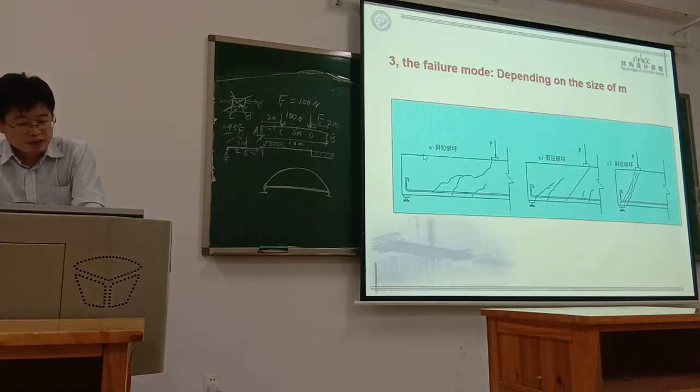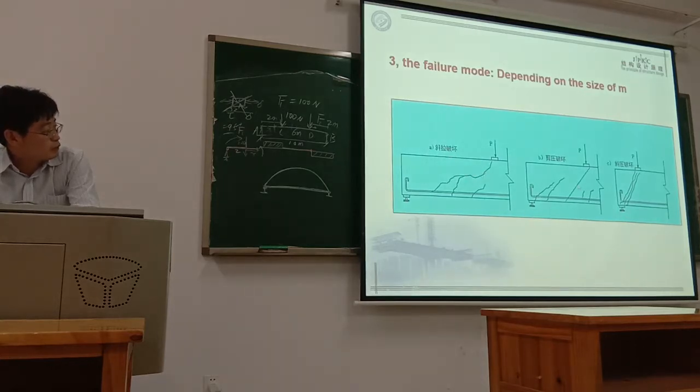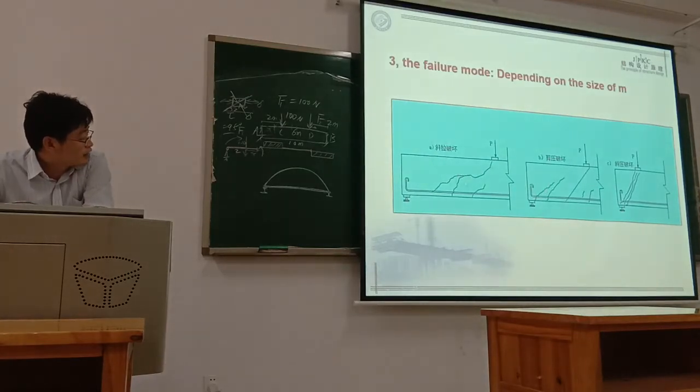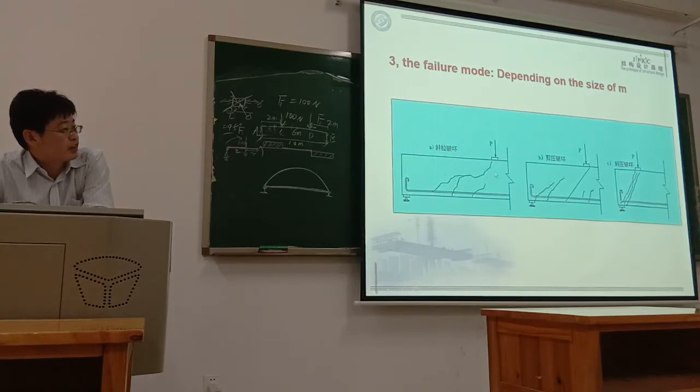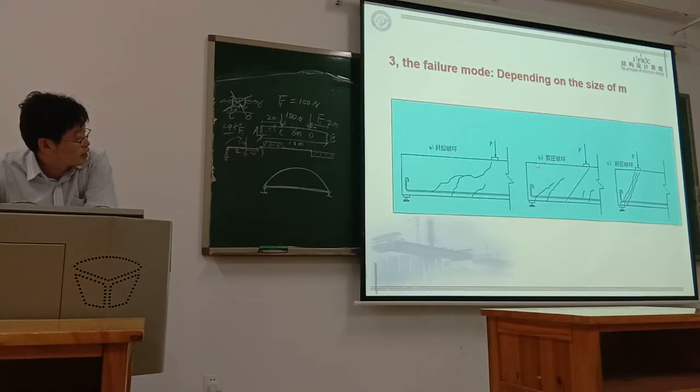For a beam without web reinforcement, normally we get these three different types of failure mode. From this figure, you see the distance from the action point of the force to the supporting point is longer here, getting smaller for this part, and shorter for this one.